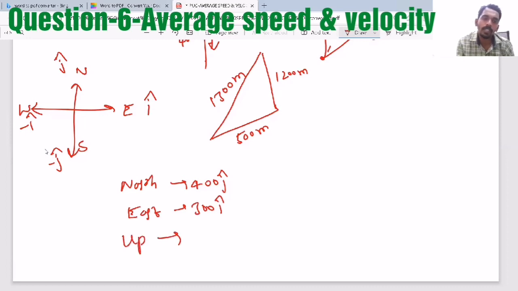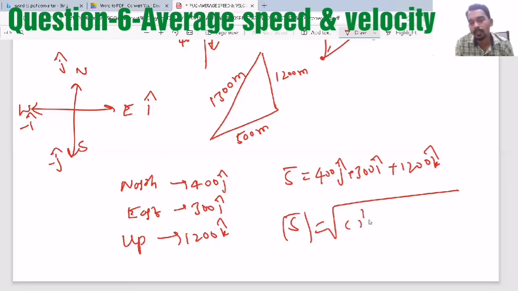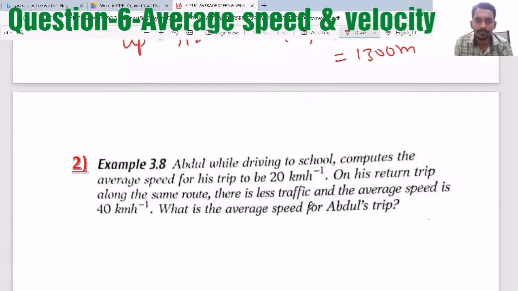Then up means that is perpendicular to both of these, that is z direction, that is 1200 k cap. So the total displacement is 400 j cap plus 300 i cap plus 1200 k cap. Then the magnitude of S bar means under root i coefficient square plus j coefficient square plus k coefficient square. If you substitute all the values, then again you will get the same 1300 meter. So like this also you can solve if you have a better idea of vectors.